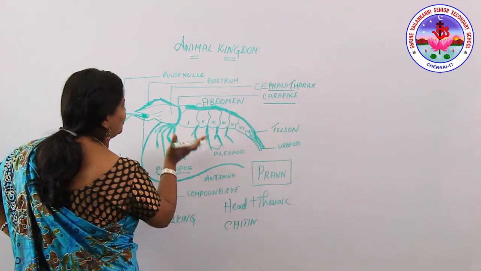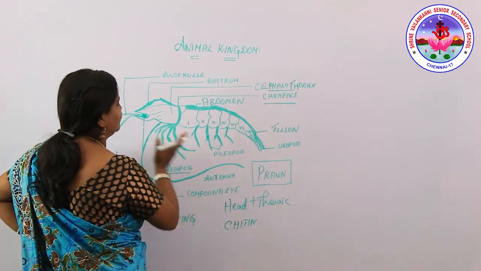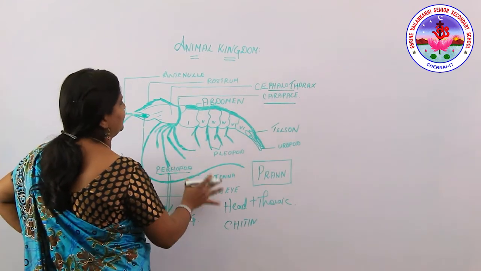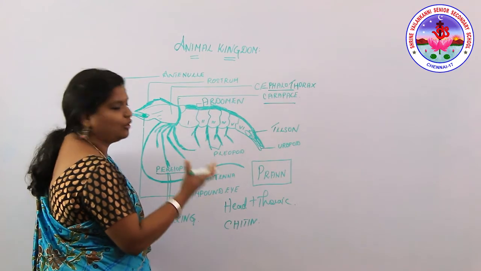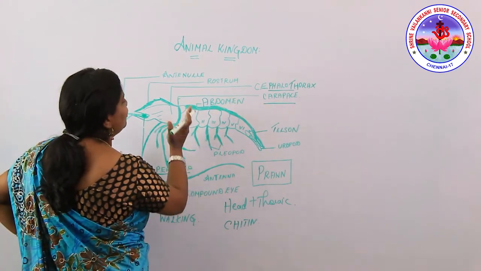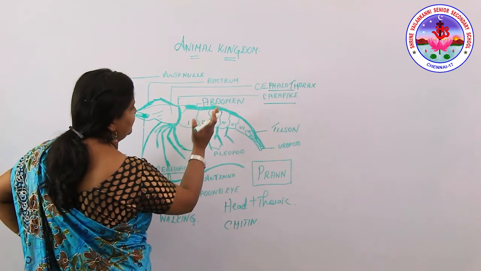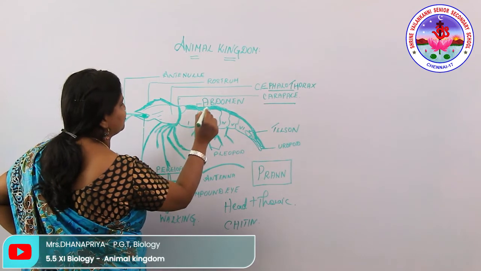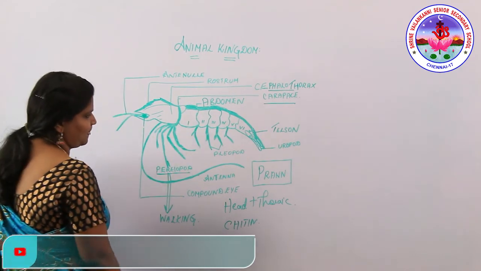The body is segmented and the legs are jointed, so we include this in the Arthropoda. The abdominal region has 6 segments.